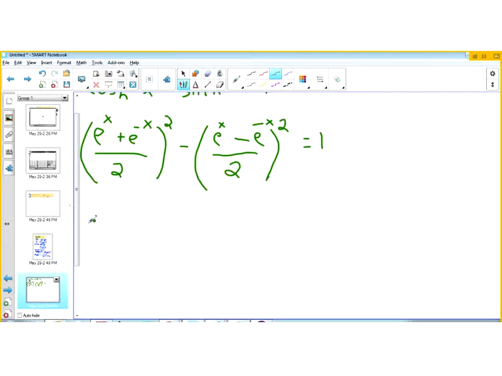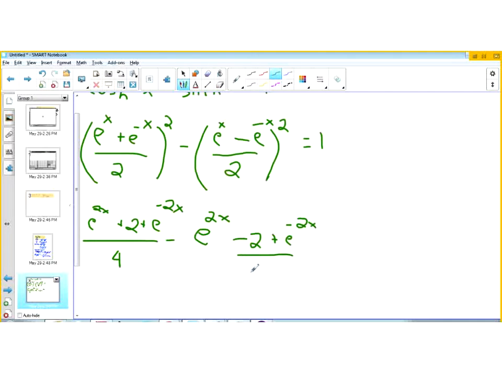Okay, so we expand the squares using FOIL. So we'll have e to the 2x plus 2 plus e to the minus 2x over 4 minus e to the 2x minus 2 plus e to the minus 2x over 4.